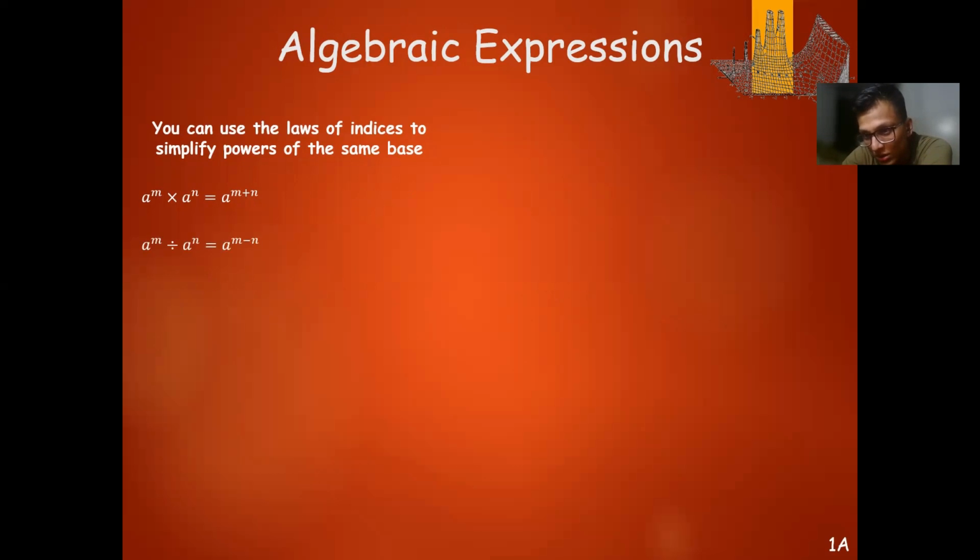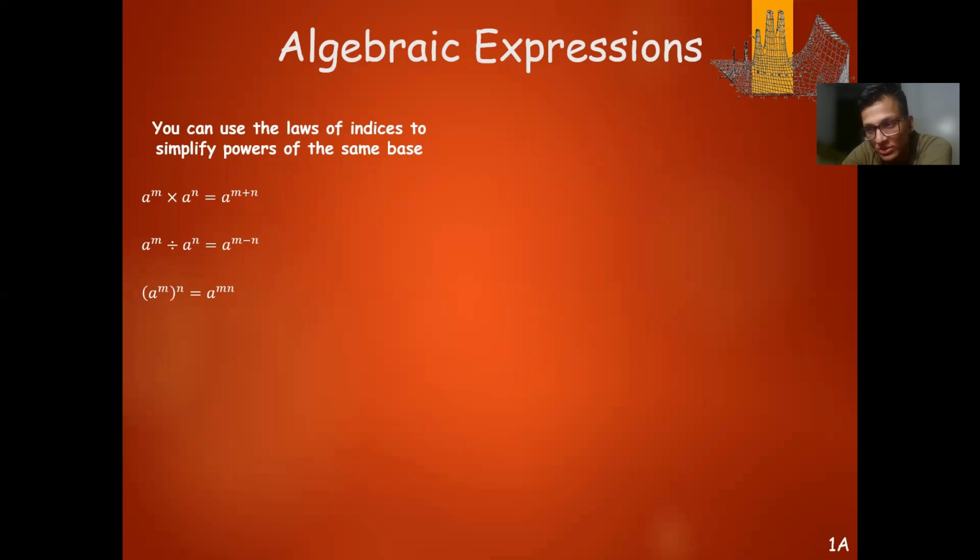The second law is a division law, or in other words, the quotient rule, where if the bases are the same and the powers are different, but you're dividing them with each other, you should this time subtract the powers. So in this case, a power m divided by a power n is actually a power m minus n.